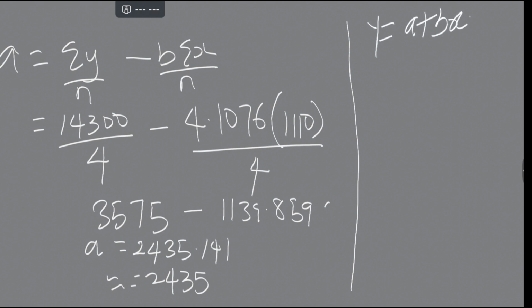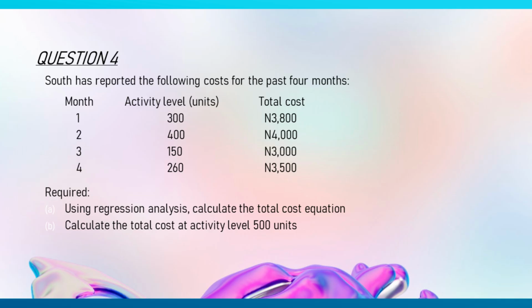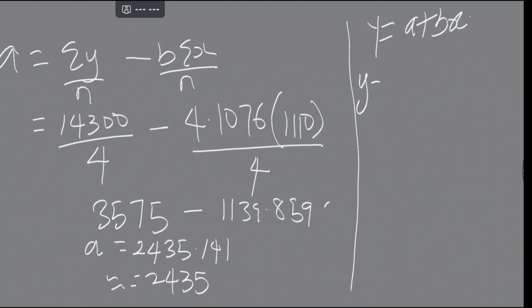So the total cost, as we all know, is y = a + bx. Since we already have our a and we already have our b, it's quite easy to get our total cost regardless of what x is. From the question, we were asked to calculate the total cost when x is 500. So you just substitute the value of x into the equation. y equals our a, which is 2,435, plus our b, which is 4.1076, times 500.